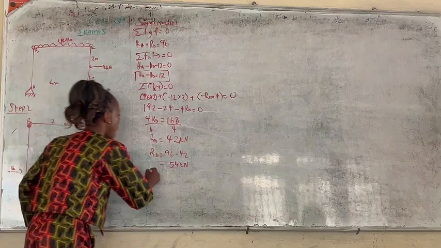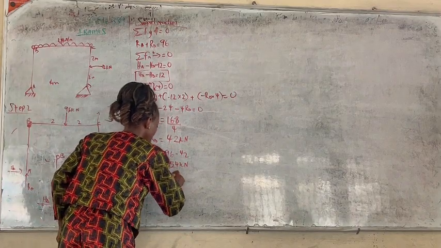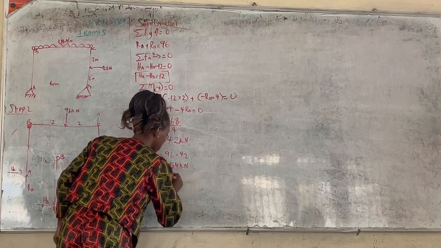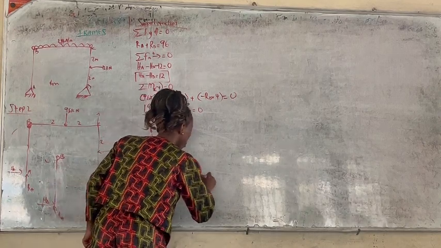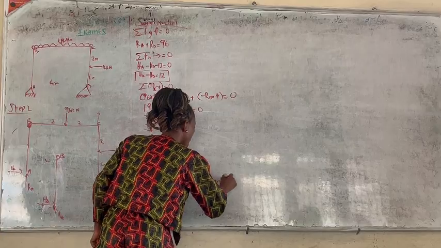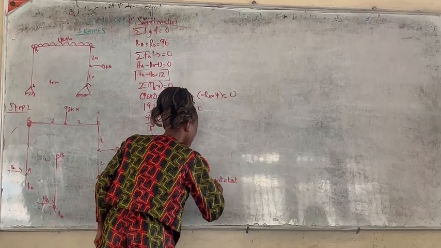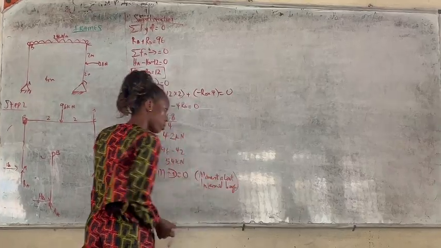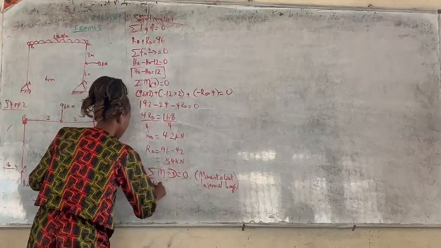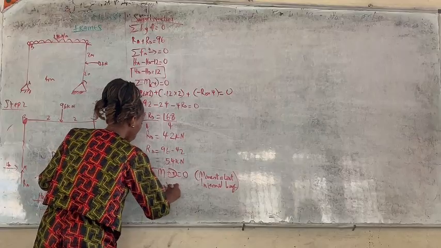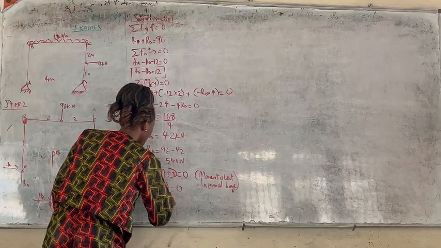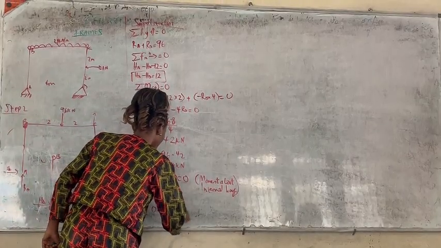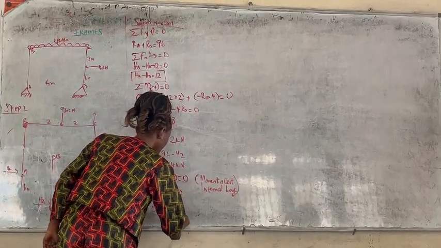So that's how we have our summation of moments about the internal hinge: negative HA multiplied by 4 equals 0. So our HA is 0. And we have 0 minus HB equals 0.